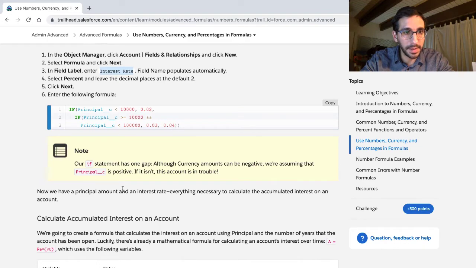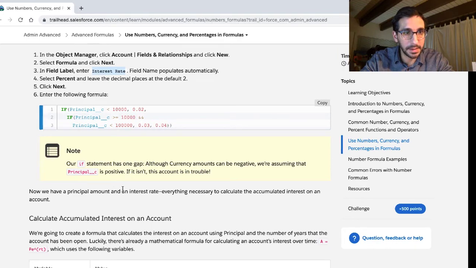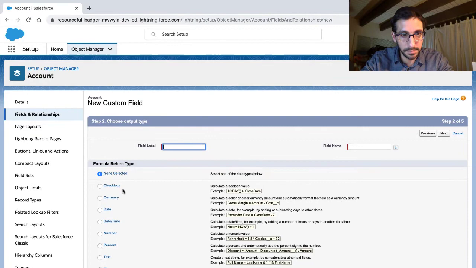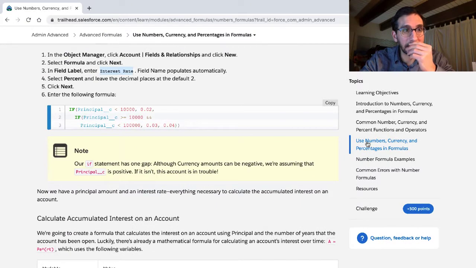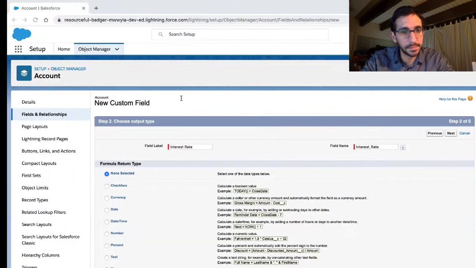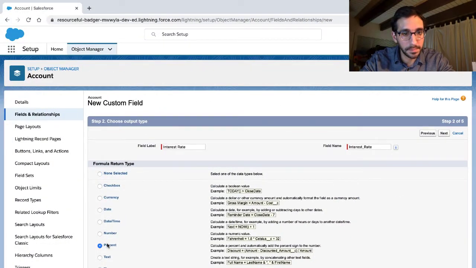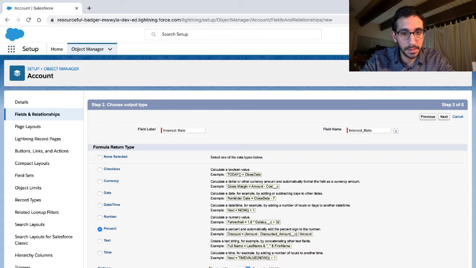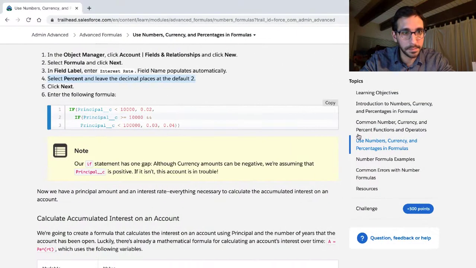In Field Label, enter interest rate. Select percent and leave the decimal places at the default 2. Next. Click Next, enter the following formula.